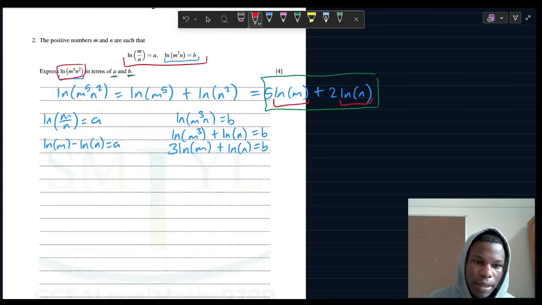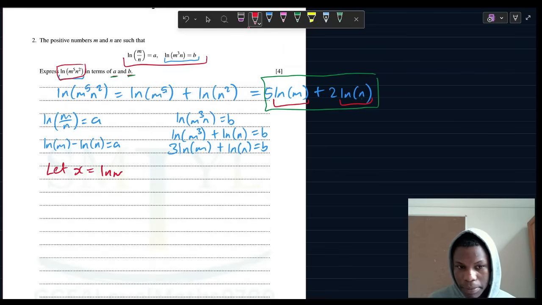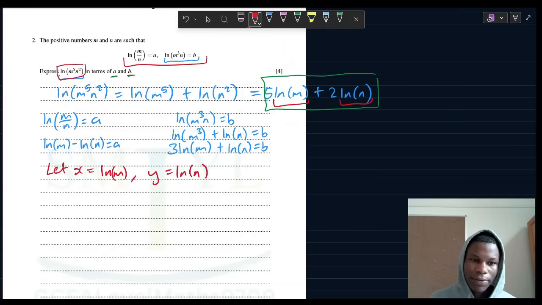So we can say something like, let x equal ln m and y equal ln n. So wherever there's a ln m, you're replacing it with x. Wherever there's a ln n, you're replacing it with y.